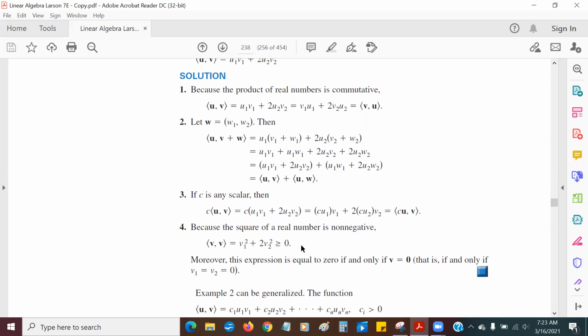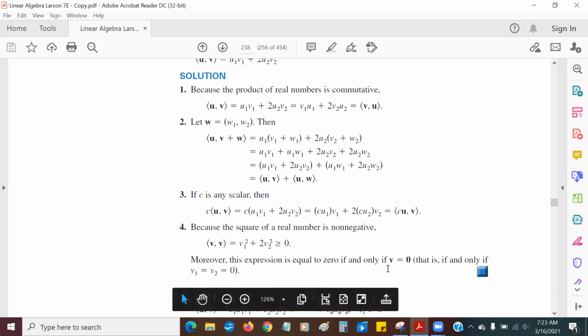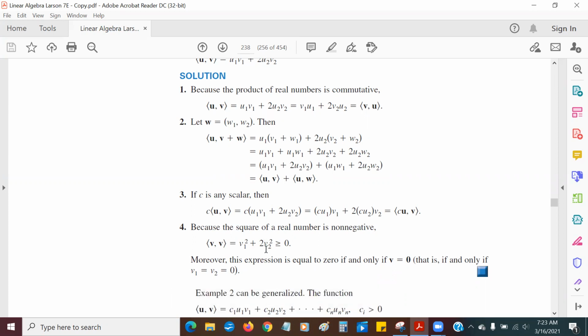And this equals 0 if and only if v equals 0, because the only way a square plus a double of a square could ever equal 0 is if v1 equals 0 and v2 equals 0. That's the only way these real numbers can ever be 0. But if v1 is 0 and v2 is 0, that means v is the 0 vector.